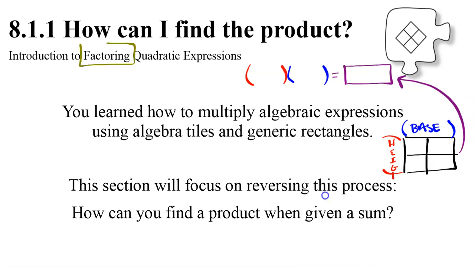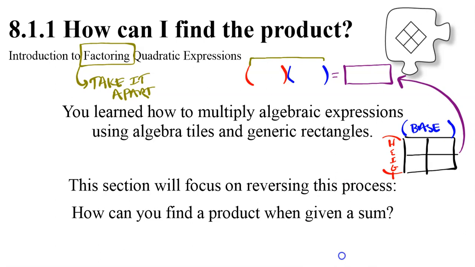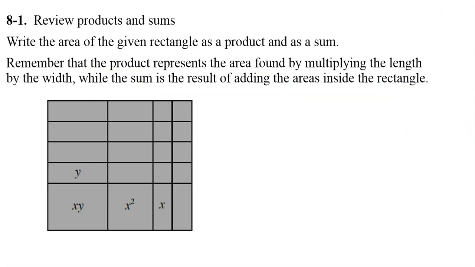So factoring is we are taking it apart. So we were going this way. We would have these, and we would get this. Now we're going to be given the product, and we're going to have to find these. And so we're going to be doing it backwards. And so let's get into it.